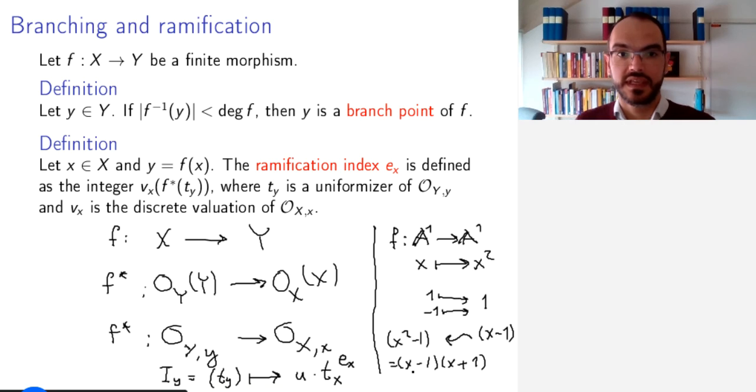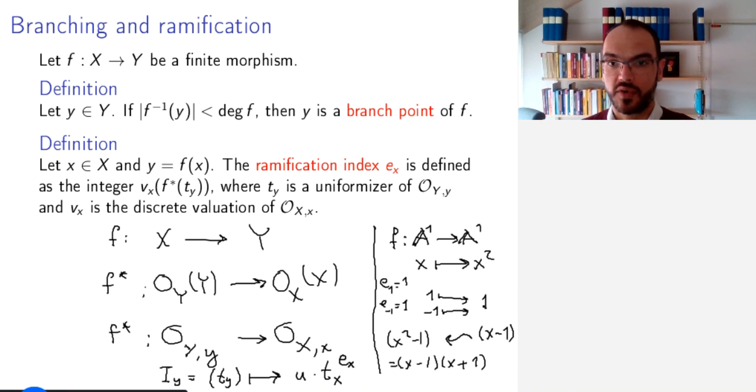And so the valuation at 1 and at minus 1, the highest power of x minus 1 and x plus 1 in this element is 1. So I get e_1 equals 1 and e_{-1} also equals 1. And this is what I would expect, because there is no ramification going on. The number of pre-images equals the degree.